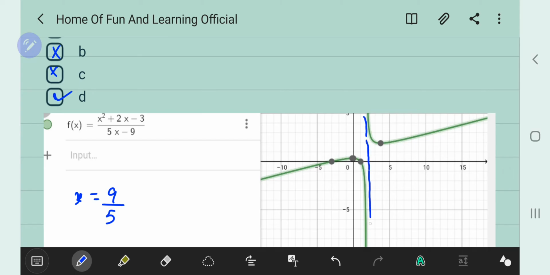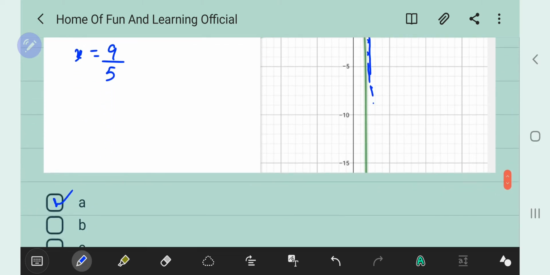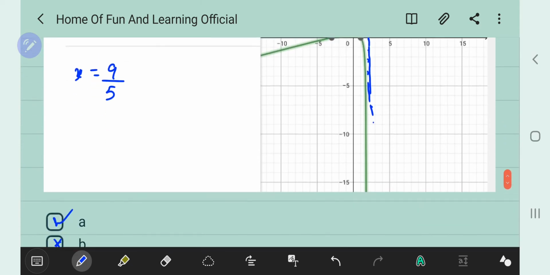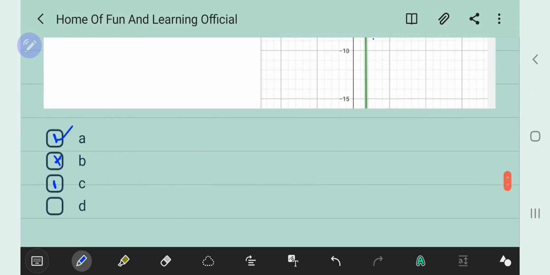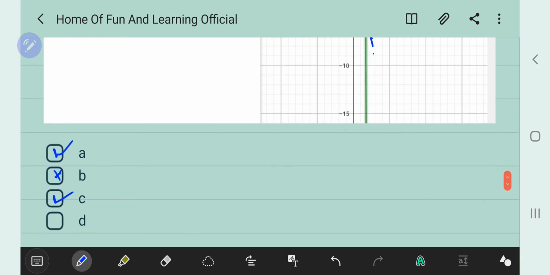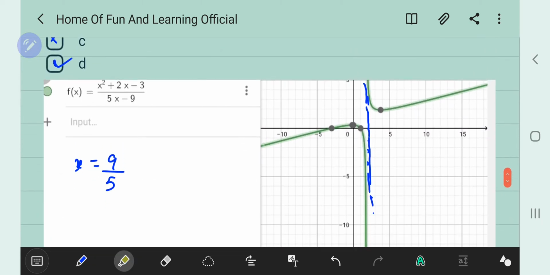This is an asymptote. So not all real values are the domain, so the second rule is not followed. And the third rule is followed because all the exponents are positive integers or 0, right? But the fourth rule is not followed. This is because you cannot trace this graph in one go.